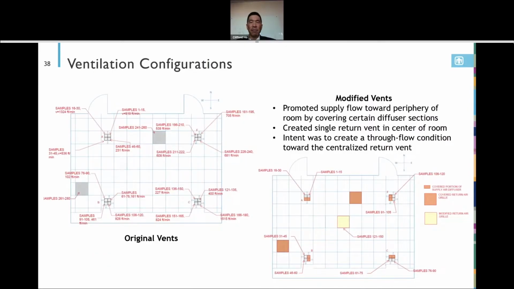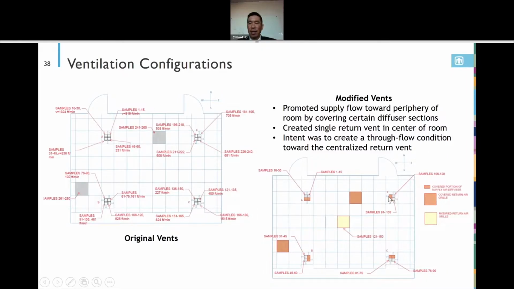The two ventilation configurations and a plan view are shown here. This is the ceiling. The original vents were shown here. We had four-way diffusers, and then two return vents located in these gray boxes here. For the modified vents, we taped off or blocked off the flow towards the center of the room. We made all these four diffusers flow out towards the periphery of the room.